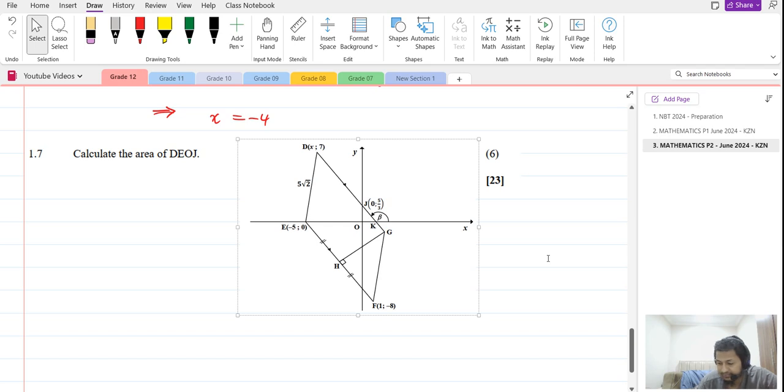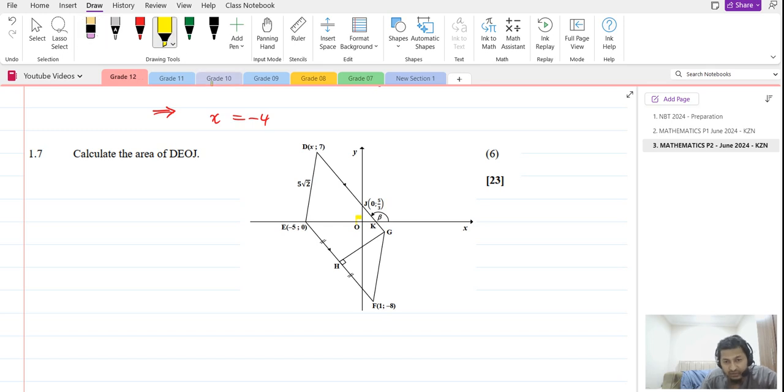DEOJ is this part here. We know that this is 90. What's the problem here now? This is not even a parallelogram, as you see here. We have a slight problem. So it's a general quadrilateral.